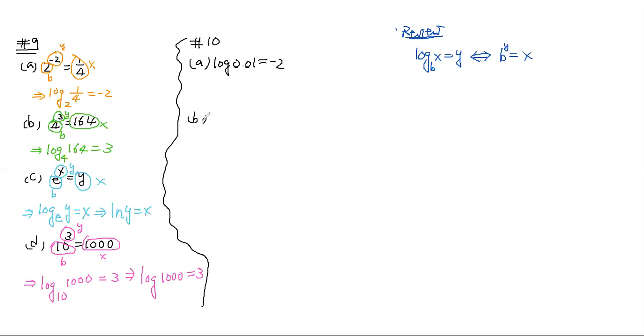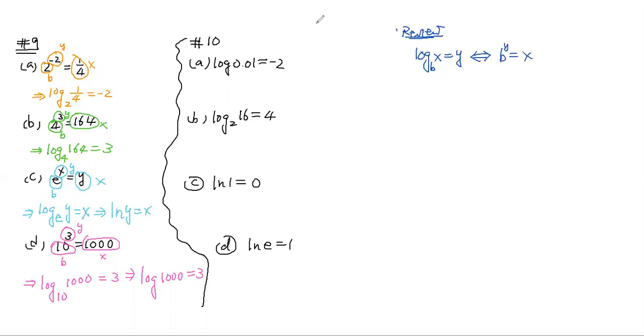Then log 216 equals 4. C is natural log of 1 equals 0. And D is natural log of e equals 1. So let's try to write the other way, into exponentials.